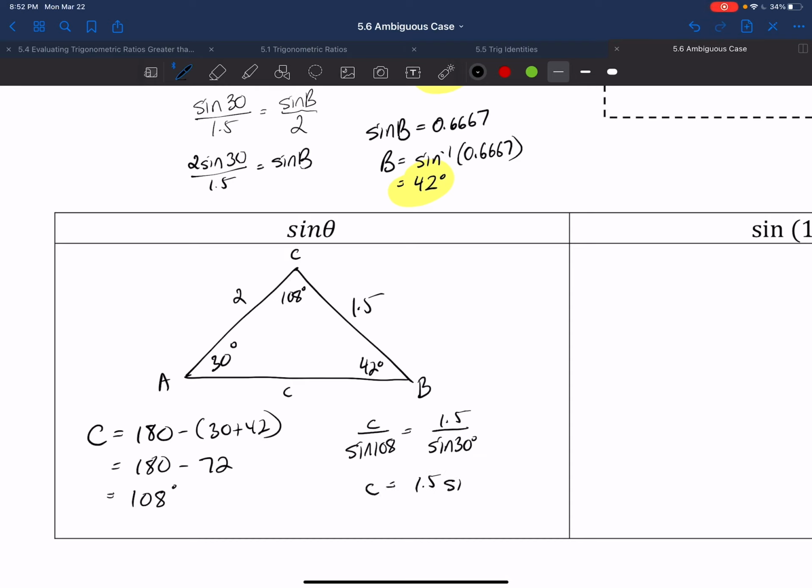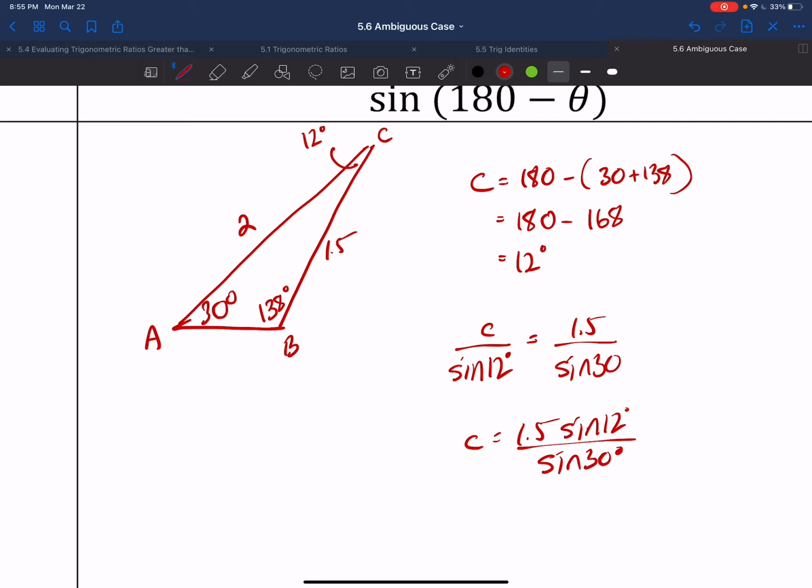And then we do the same thing to find side C. So now if angle C is 12, I'm going to put it over 12 instead of 108. And 1.5 over sine of 30. I don't have my calculator with me. I'm trying to use my phone, so it's not the fastest.